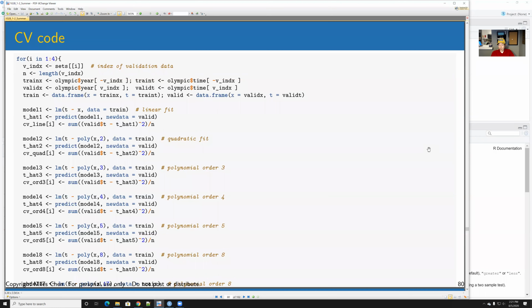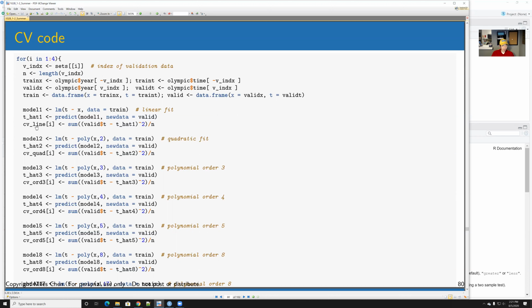Could you have done a second loop with poly x1? I could have, but then I would have had to find a creative way to store it. So yes, absolutely. I'm copying and pasting code, which is something I should have done a little bit better.